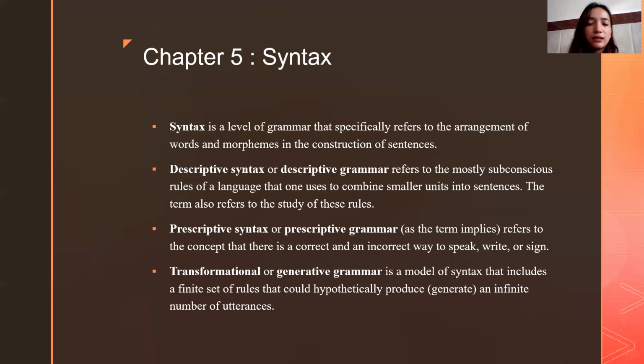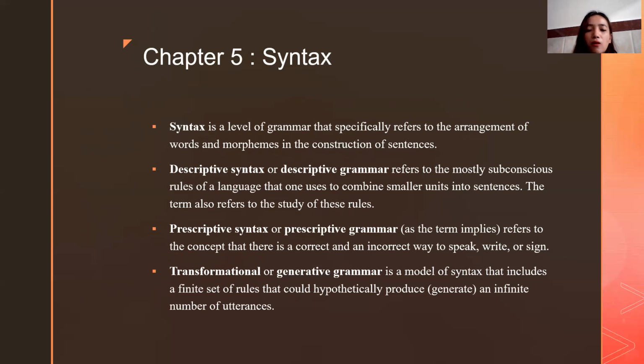Chapter 5, syntax. Syntax is the part of grammar that specifically refers to the arrangement of words and morphemes in the construction of sentences. Descriptive syntax or descriptive grammar refers to the mostly subconscious rules of grammar that are used to combine smaller units into sentences. The term also refers to the study of these rules.